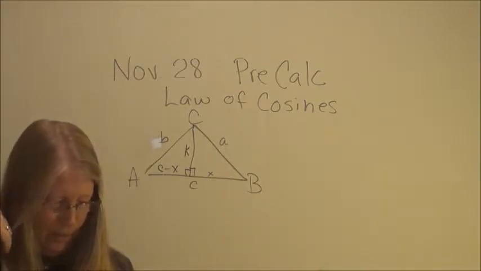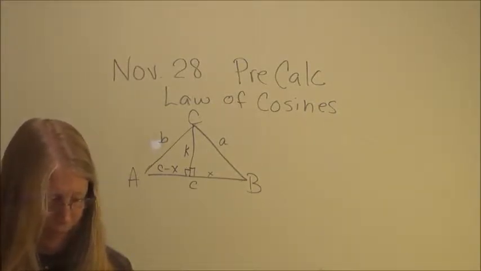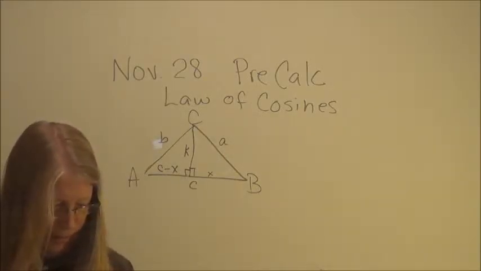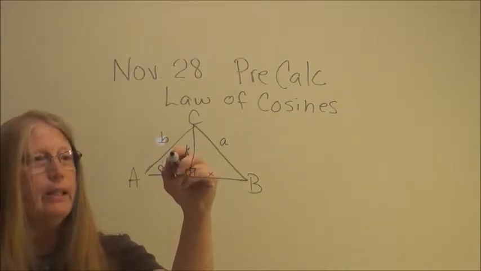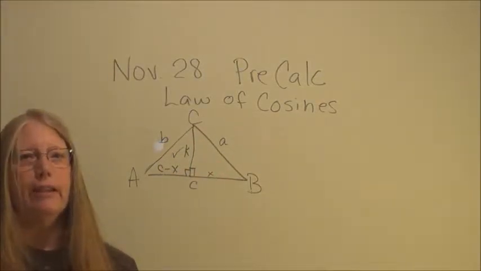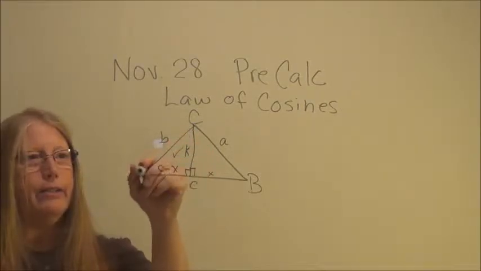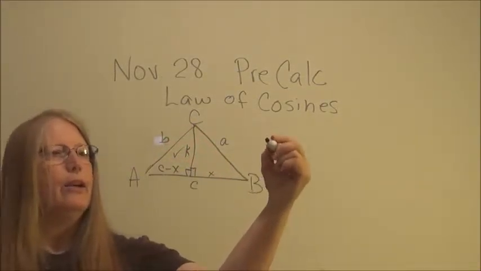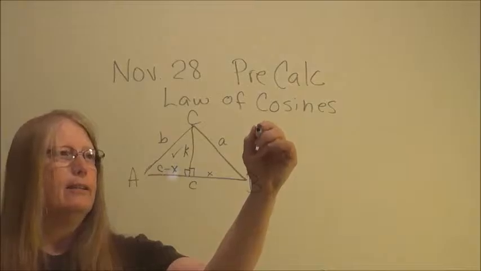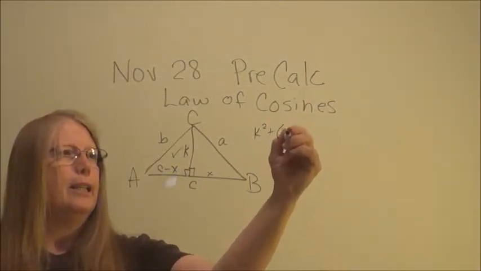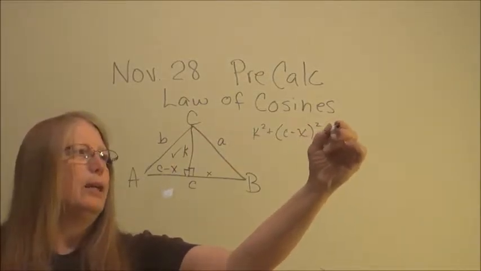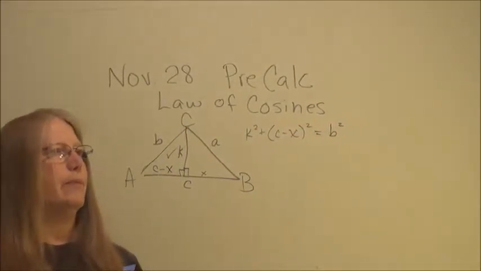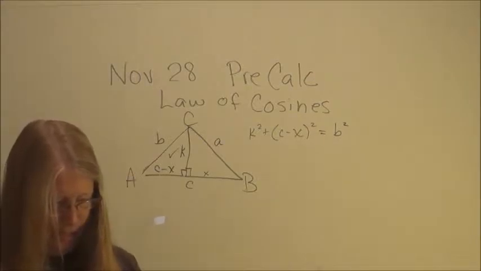Now, I'm going to see that a Pythagorean relationship exists on both sides of this triangle. I'll take this triangle first. So I'm going to use the Pythagorean Theorem with the sides of this right triangle. So it's going to be k squared plus c minus x quantity squared equals b squared.